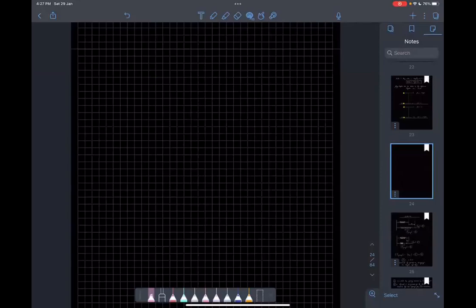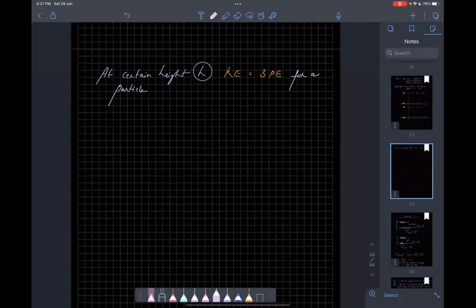At a certain height h, kinetic energy is 3 times potential energy. For a vertical projectile, find its maximum height.